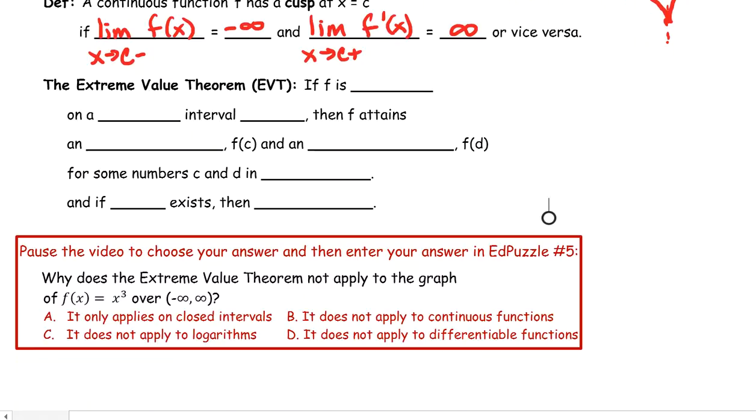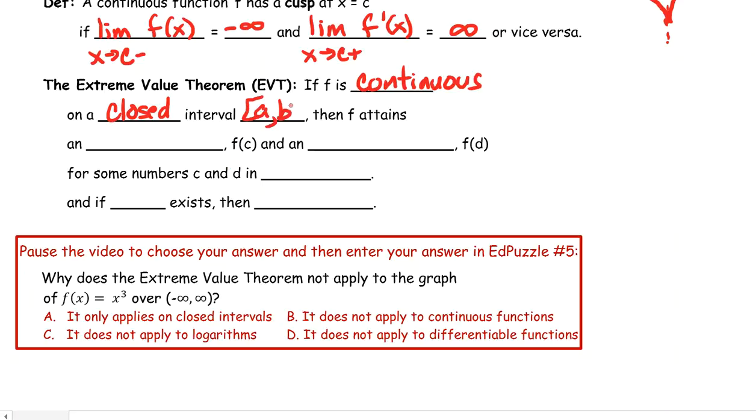The extreme value theorem says if f is continuous on a closed interval, and let's give the endpoints a name there. It looks like we're using a and b.